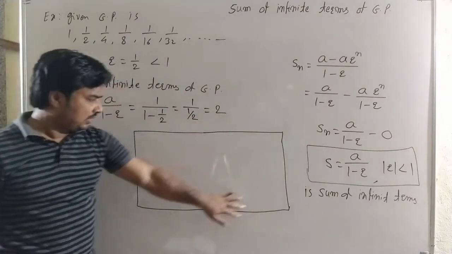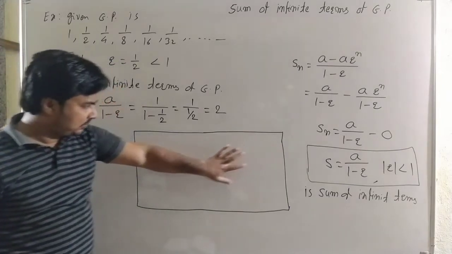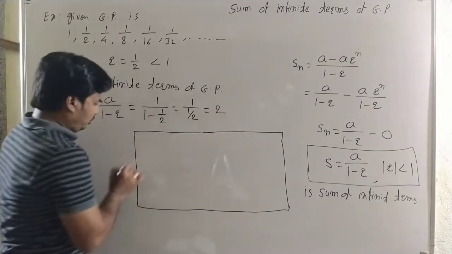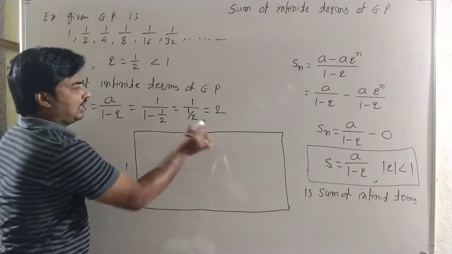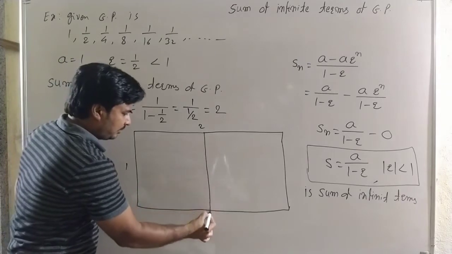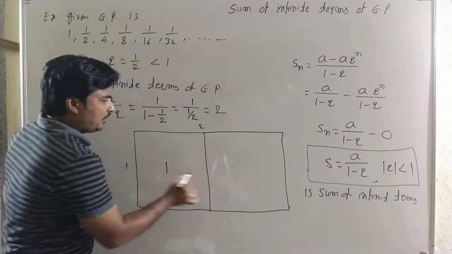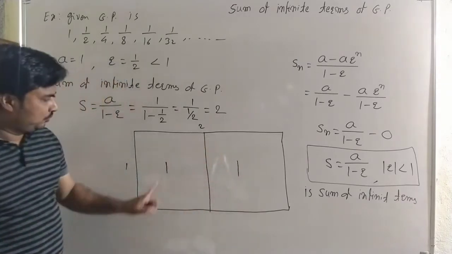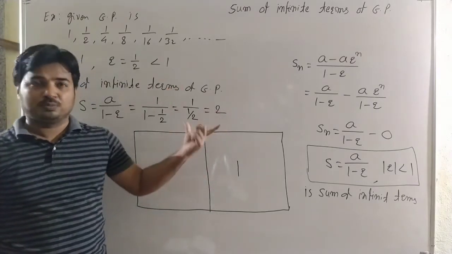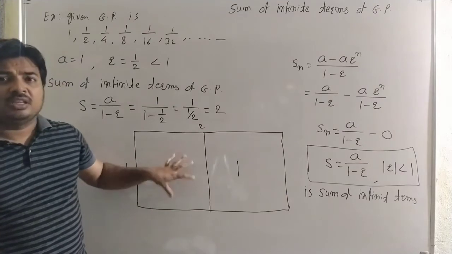That means the sum of all these areas is 2. Now we take the two parts. That means here it is area 1 and here it is area 1. That means 1 plus 1 is the area, which is 2. There are the two parts.